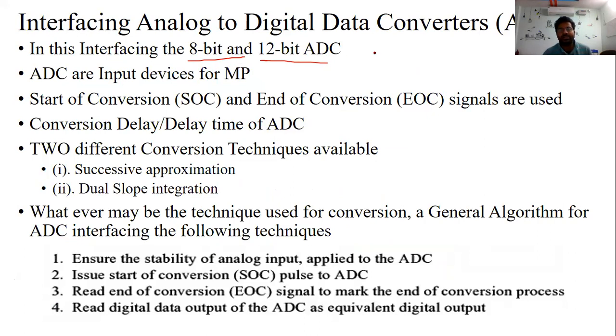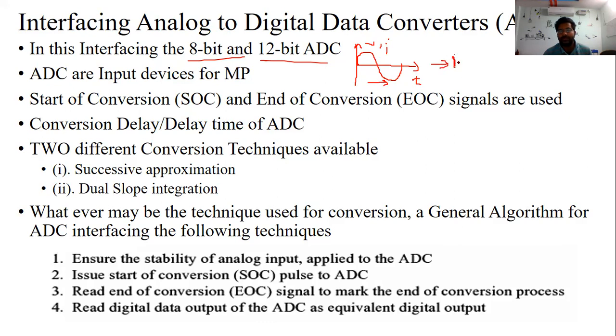You know that these are analog to digital converters. For suppose I give a sine wave, a sinusoidal wave as a voltage or current, this is time t. This may be converted into the 1001 format.